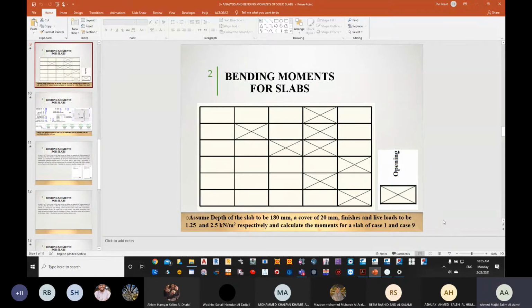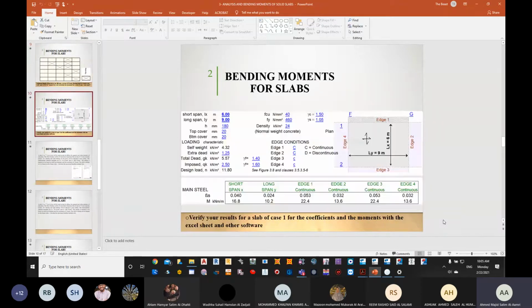Now for today's lecture, we are going to start with another problem. By the way, this is a screen capture of the Excel that we have used, so you can compare your results for case number 1. Moreover, I'm going to upload the Excel sheet for you, so you can try it yourself and verify your results with this Excel.